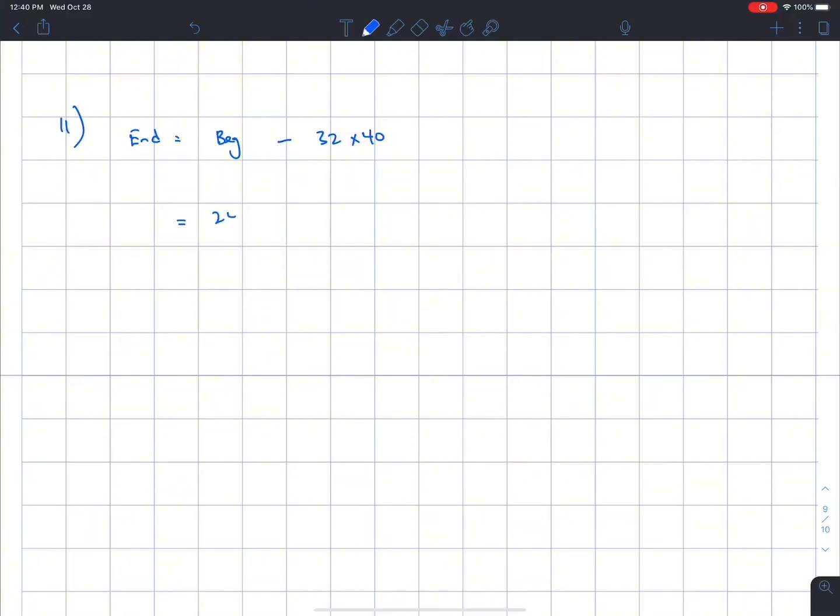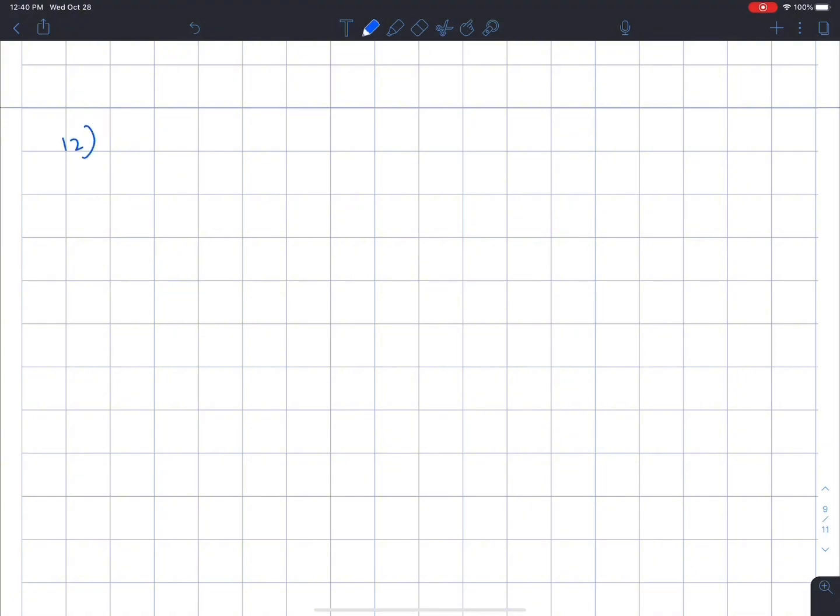So the beginning value is 2,460 minus 32 times 40, which is 1,280. And then we just subtract them, and we get $1,180. That will be the answer. That's how much she's going to have at the end of the 40 weeks.